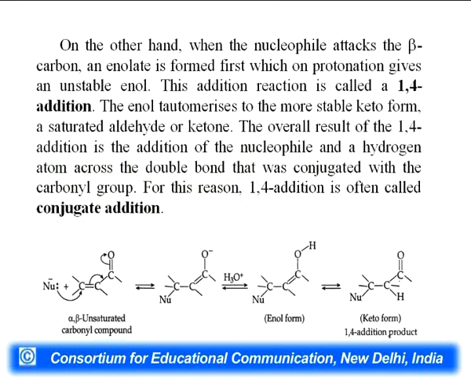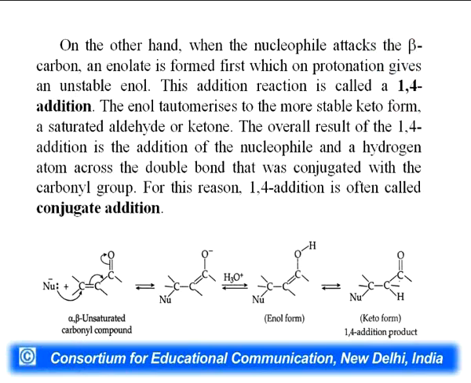On the other hand, when the nucleophile attacks at the beta carbon, the enolate is formed, which on protonation gives an unstable enol. This addition is called 1,4 addition. The enol tautomerizes to the more stable keto form, a saturated aldehyde or ketone. The overall result of 1,4 addition is the addition of the nucleophile and a hydrogen atom across the double bond that was conjugated with the carbonyl group.